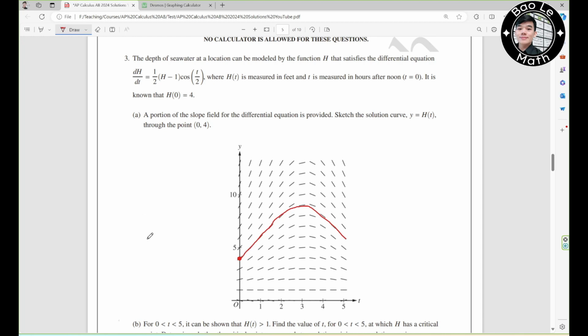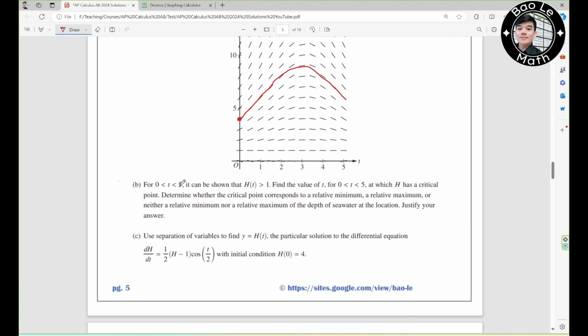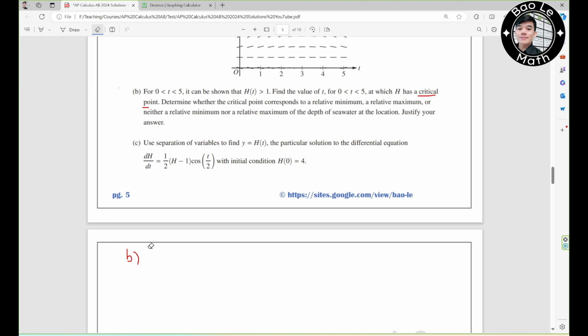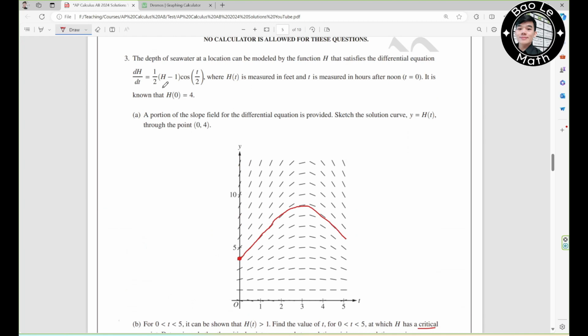Alright, let's move on to question B. For t between 0 and 5, it can be shown that h(t) is greater than 1. Find the values of t for t from 0 to 5 at which h has a critical point. The critical points occur when h prime of t equals 0 or h prime of t is undefined. Alright, so dh over dt is going to be right here.